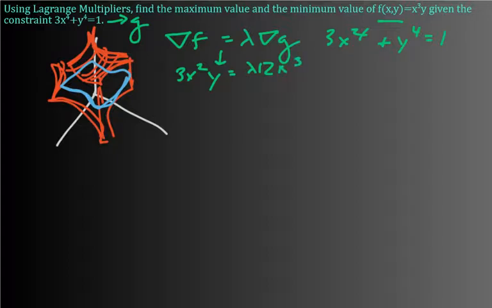Then I need the y component to match up on both sides. So the gradient of f would be just x cubed, and it needs to equal lambda times 4y cubed.